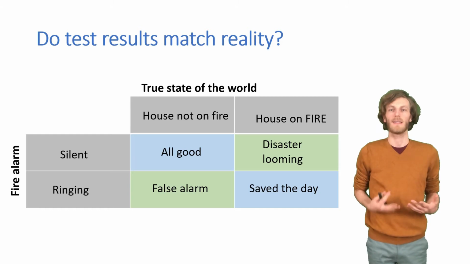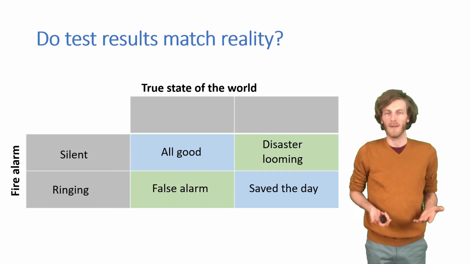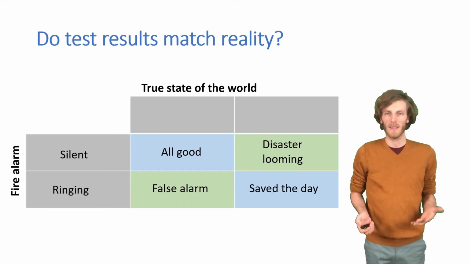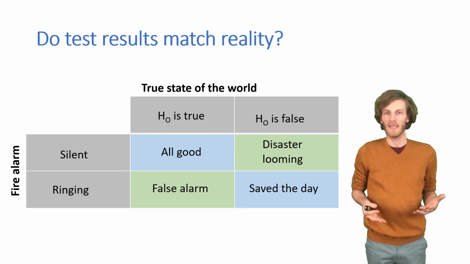We can now translate the situation into the language of statistical null hypothesis significance testing. So we always have a state of the world. In the world, by definition, the null hypothesis is true or false, but we don't know it, which is why we're doing inferential research.